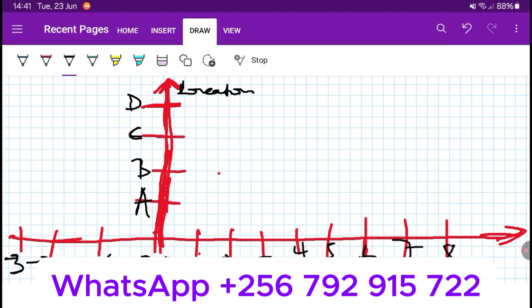Now we start drawing the bars. When you are drawing these bars, we said we skip a line. Let's assume the first region had temperature of, let's say, 7. So I'm going to skip one line, maybe like that, up to 7. Then I move up to 7 as well. That's a bar.